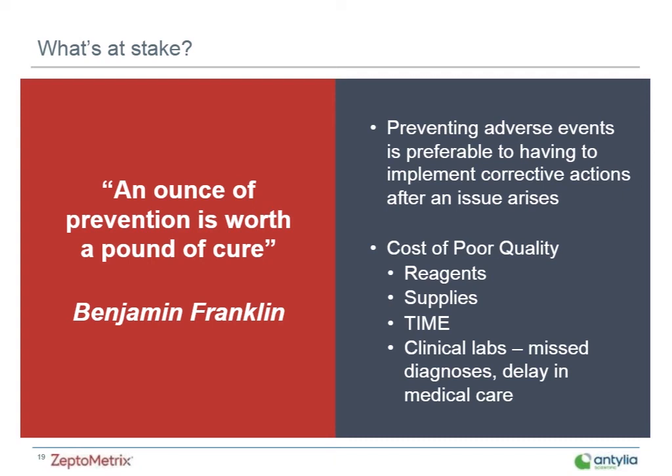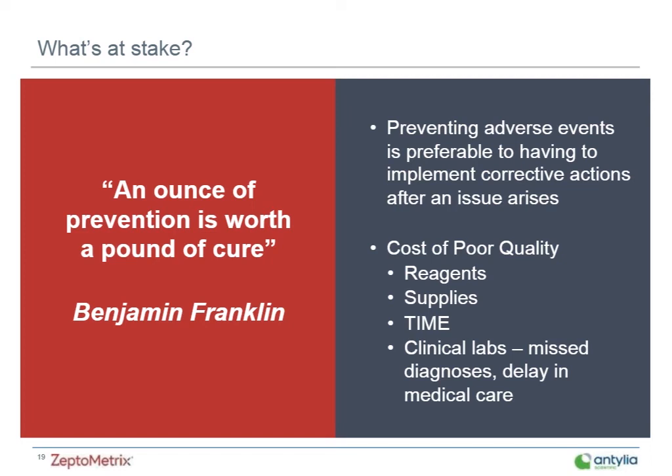More and more, people are looking at what the cost of quality is in the lab. And there's cost of good quality, the preventative measures that you take, but there's also the costs of poor quality that people are really starting to look at. That is costs of physical things like reagents and supplies and having to retest over and over. Time, of course, which really equates to money in both molecular and clinical labs.